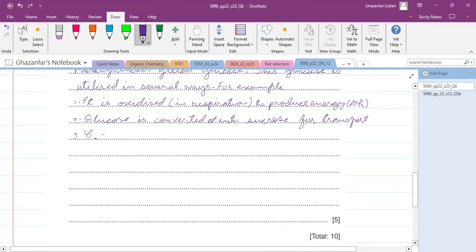Glucose is also transformed into amino acids. Why amino acids? Amino acids for protein synthesis.